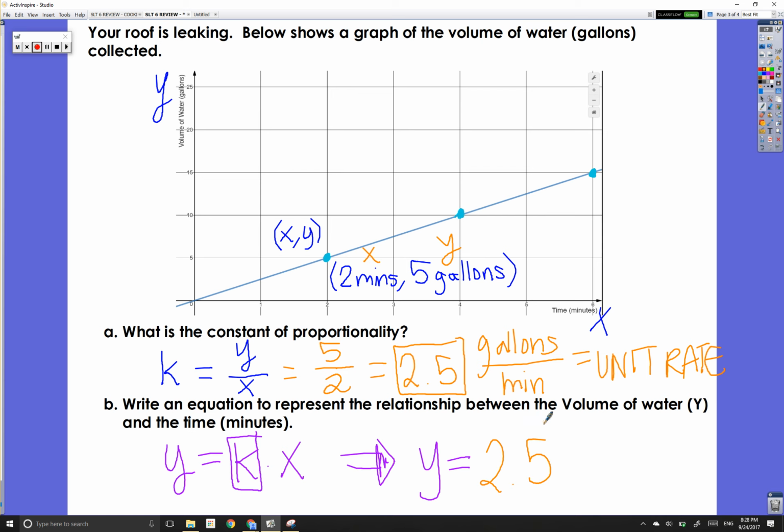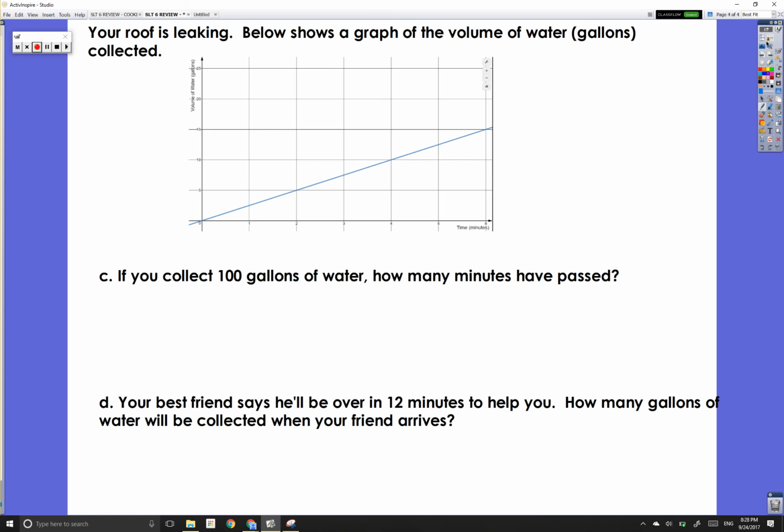And then we just put the x back. Okay? So that's our equation. And we're actually going to use our equation to answer the last 2 questions. So I'm going to write the equation here for us. I'm going to remind us that x is time in minutes and y is volume in gallons.